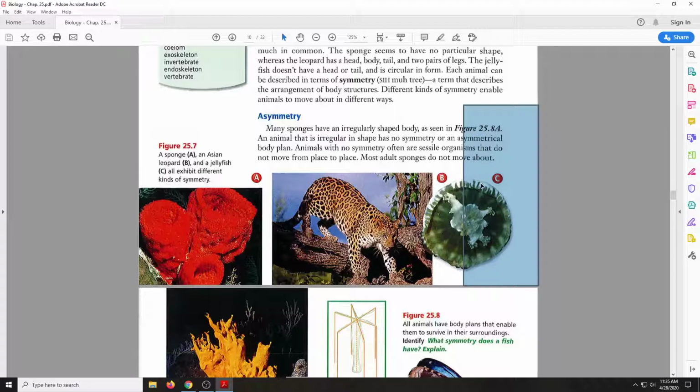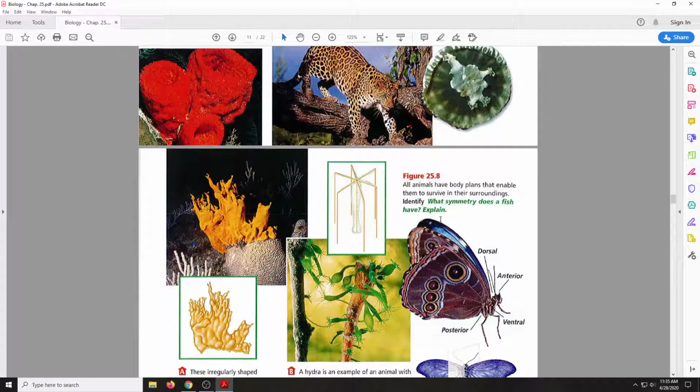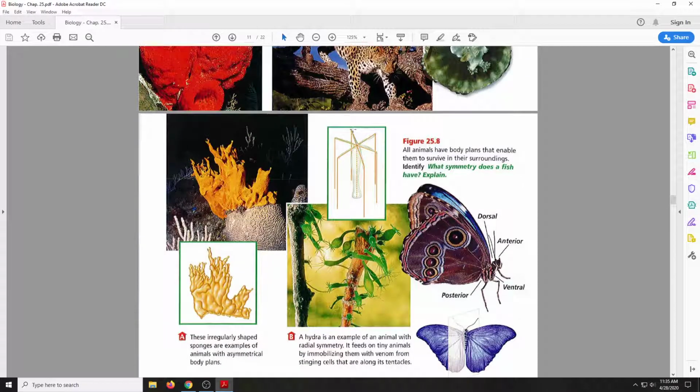You can cut it like that and it's half on both sides and it looks the same. We can also cut it like that and the top and bottom look the same, or if you can imagine doing it at an angle, then the top left and the bottom right would look the same. That's radial symmetry. This thing right here shows you we can cut this object here, here, or here, and the opposite side of it is always going to look the same.